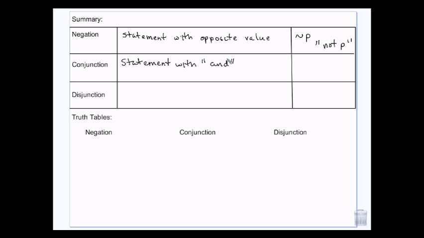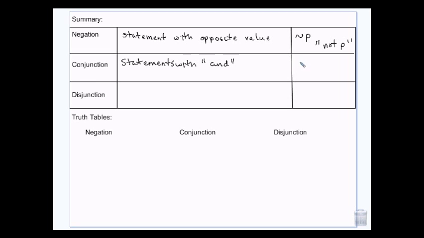So for our summary, negation is a statement with an opposite value. And it is symbolized with a tilde, and it's read as not whatever letter. Okay. A conjunction is a statement with and, statements with and.